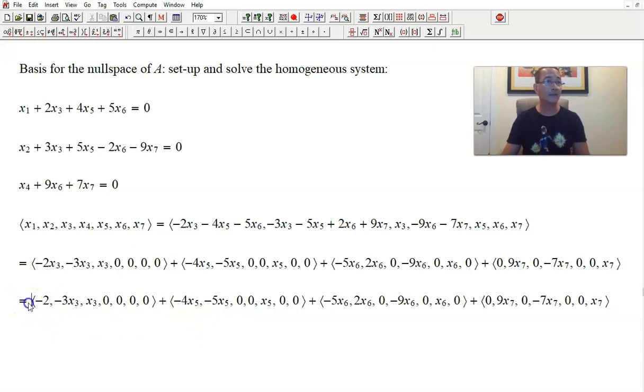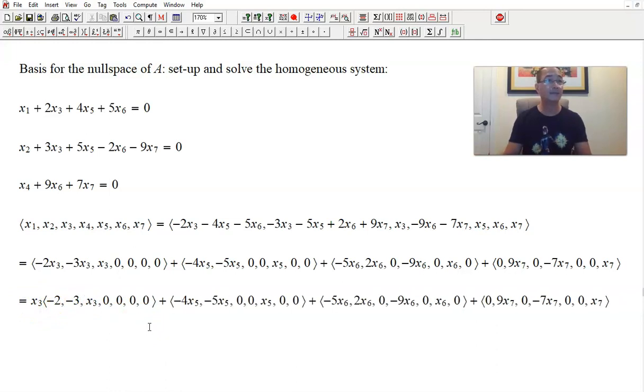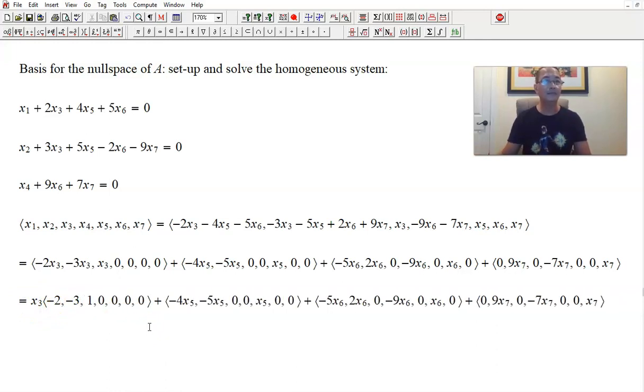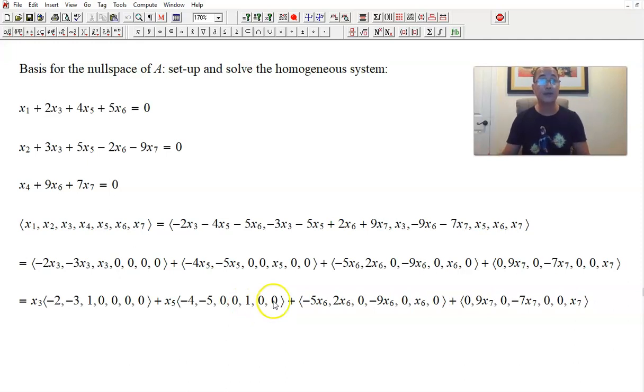So take out the x3, and I hope you recall we did this in section 1.6. Now you know why. Take out the x5. Don't forget to put 1 where x5 is all by itself, because it's a free variable. x6, take it out. That's a 1. x7, out.